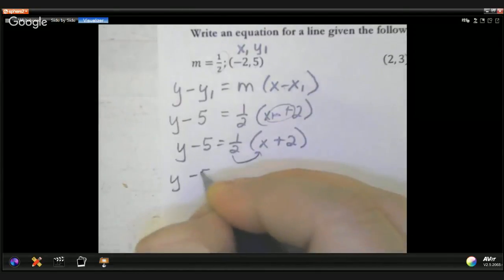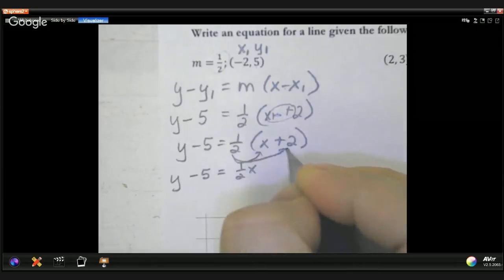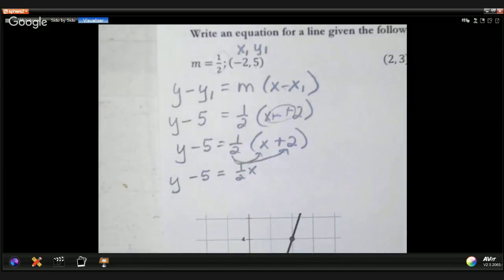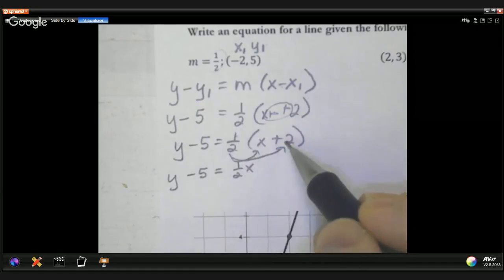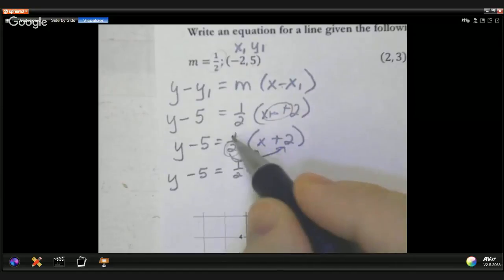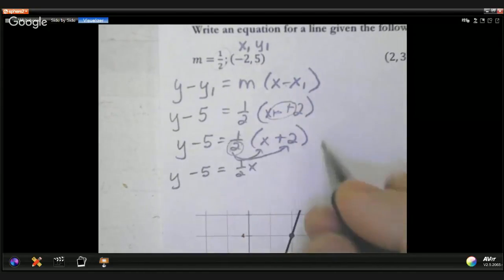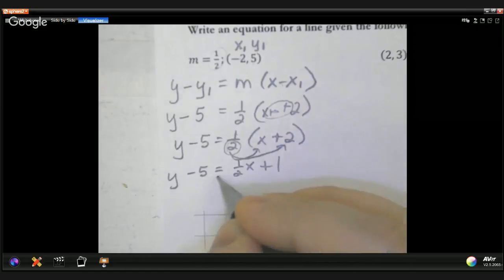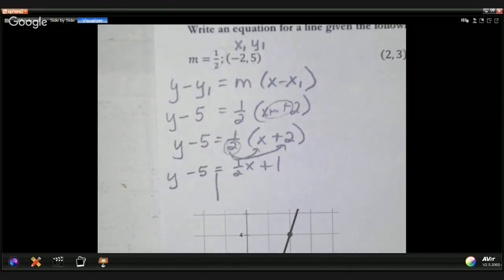I'm left with y minus 5 equals 1/2 x. Now, when you have fractions, don't fret over fractions. They're not that bad. You just look at the top, 1 times 2, and divide by the bottom number, which is 2. So 1 times 2 is 2, divided by my bottom number, 2, is 1. Now I'm almost done because I have a minus 5 here that I have to get rid of, and then my y is totally by itself.